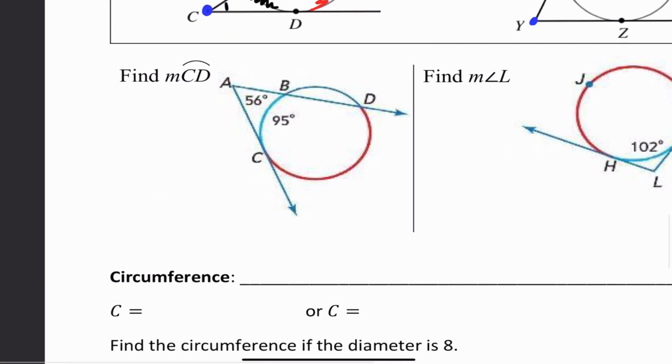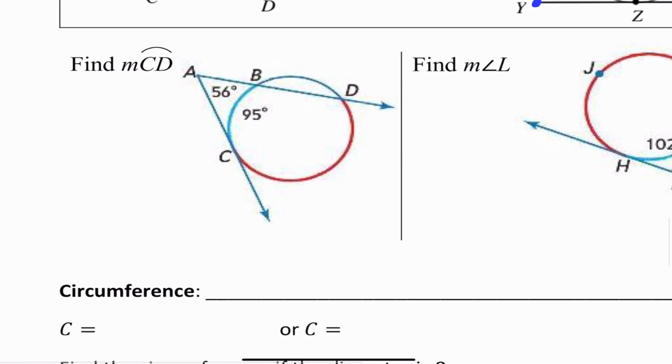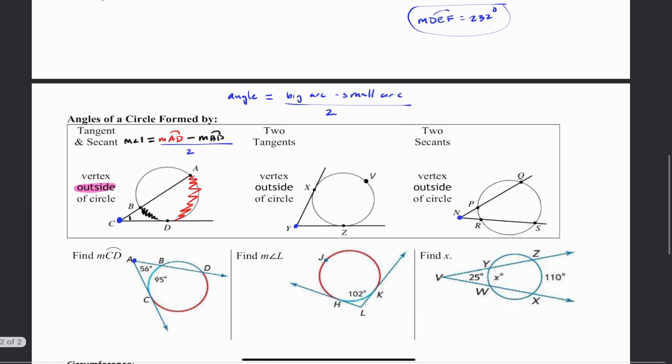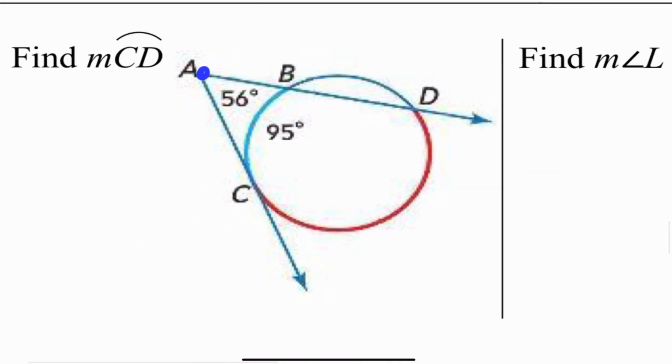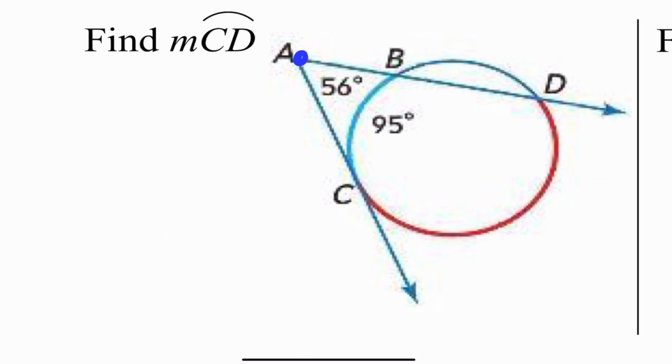So we're going to go ahead and look at this problem here. It says find the measure of arc CD. So notice that the vertex is outside of the circle. So what I need to do is follow this here. Angle is equal to the big arc minus the small arc over 2. So what's the angle? So this is 56, right? And it's closer to that angle.